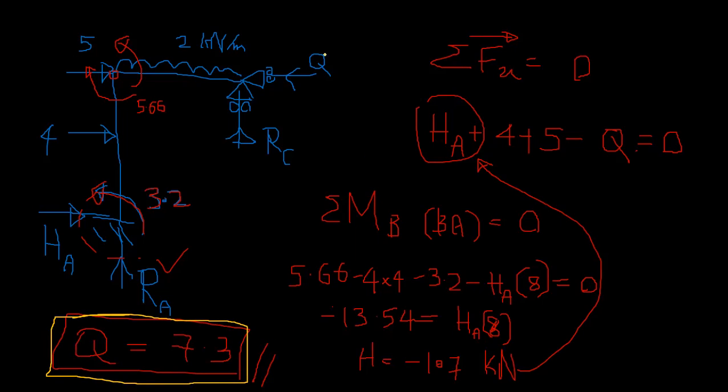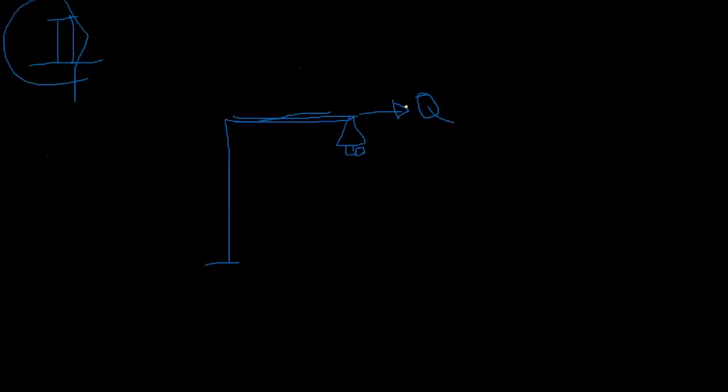So here we know Q is 7.3. But the problem is we don't know this delta, how much it settles.